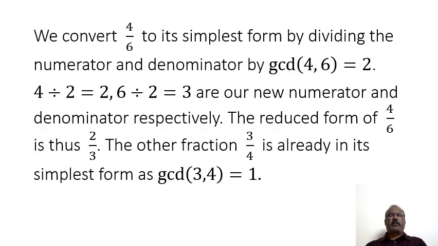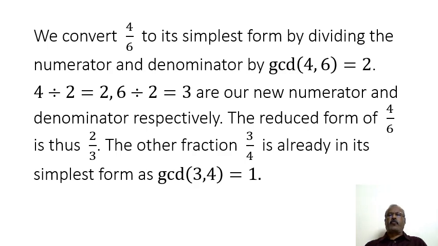We convert 4 over 6 to its simplest form by dividing the numerator and denominator by GCD of 4 and 6, which is 2. So 4 divided by 2 equals 2, 6 divided by 2 equals 3 are our new numerator and denominator respectively.